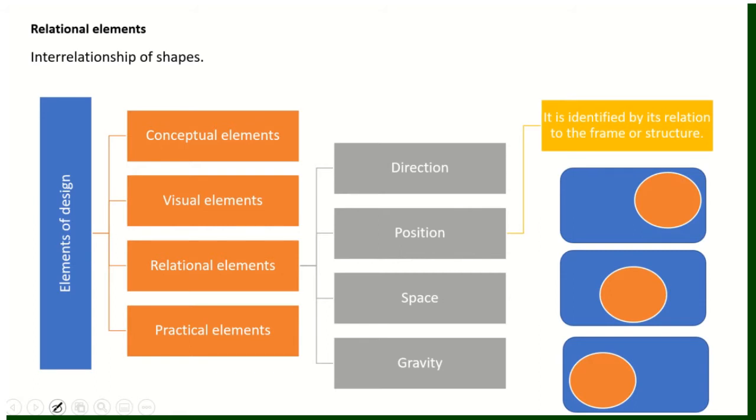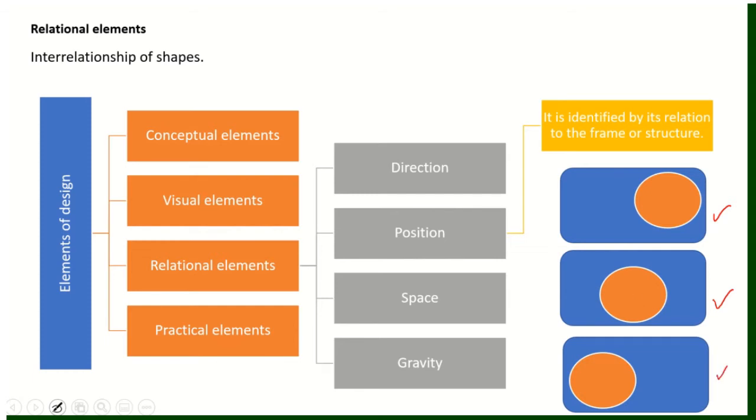In the first case the circle is inscribed at the top right corner. In this second figure the same circle is positioned almost at the center of the rectangle.